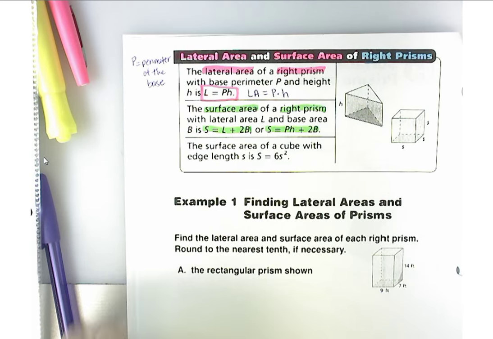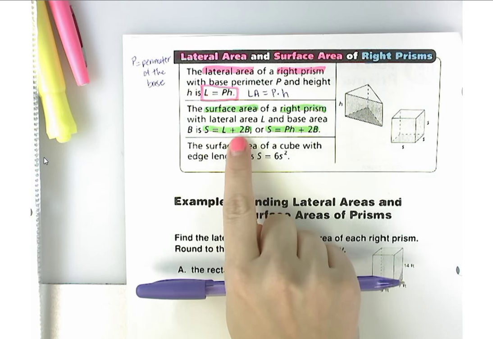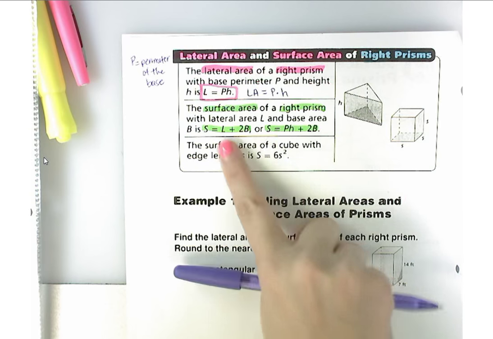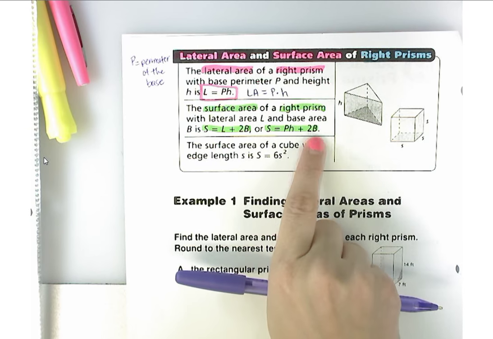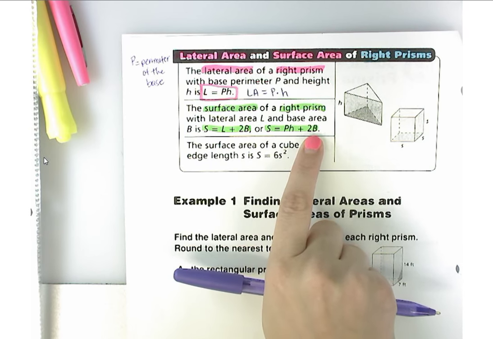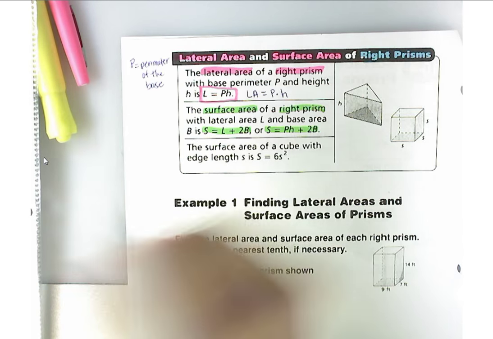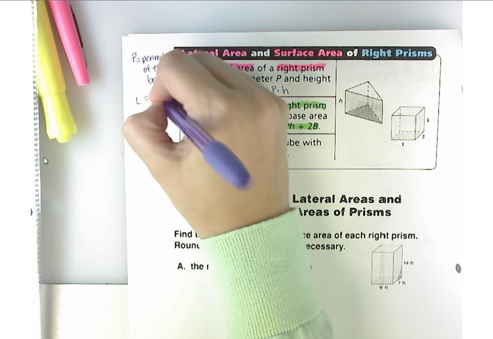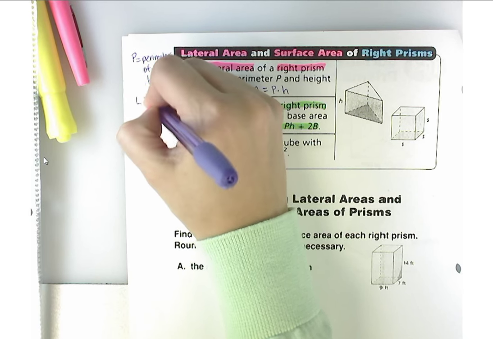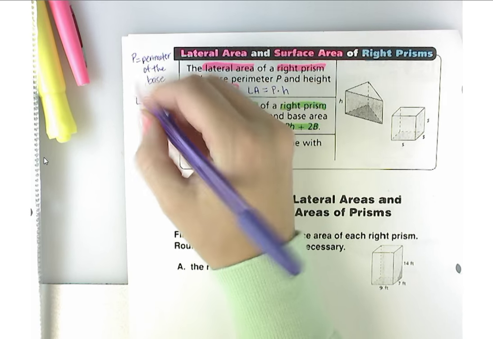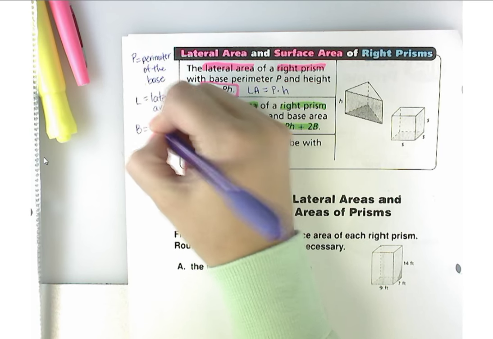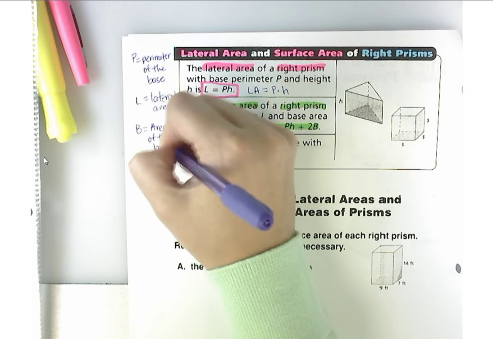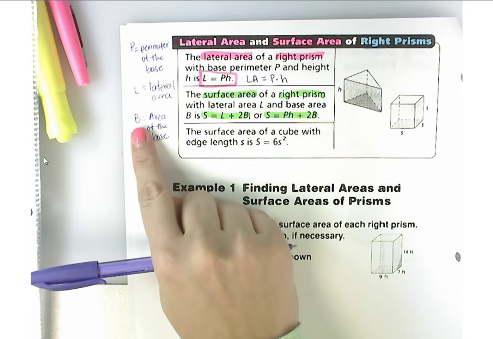So either the surface area equals the lateral area plus 2 times the base, or you can substitute P times H plus the 2B. So in this one, your L is going to be the lateral area, and the B is going to be the area of the base. So the capital B means area of the base.